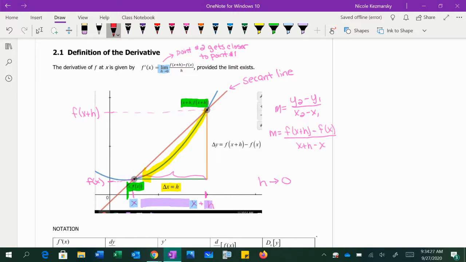Well, in that statement, the x's are going to cancel in the bottom. So I'm going to be left with f of x plus h minus f of x over h. And that is this statement right here up at the top. So that statement is your rise over run, or your slope of the secant line.